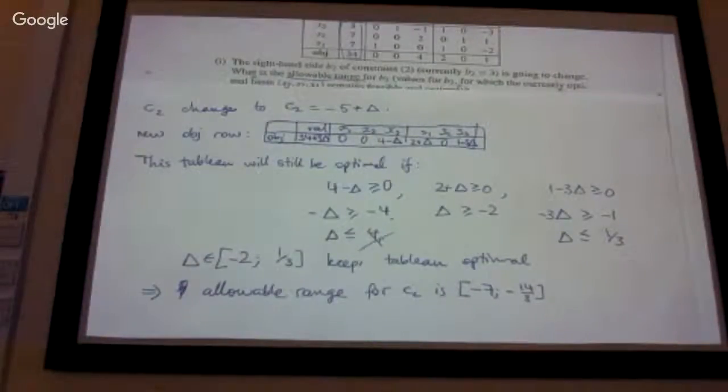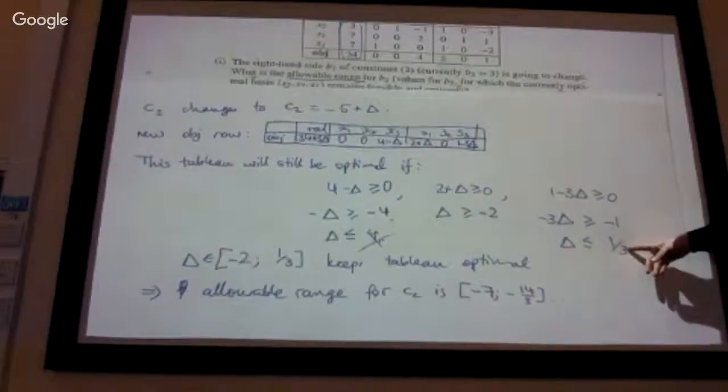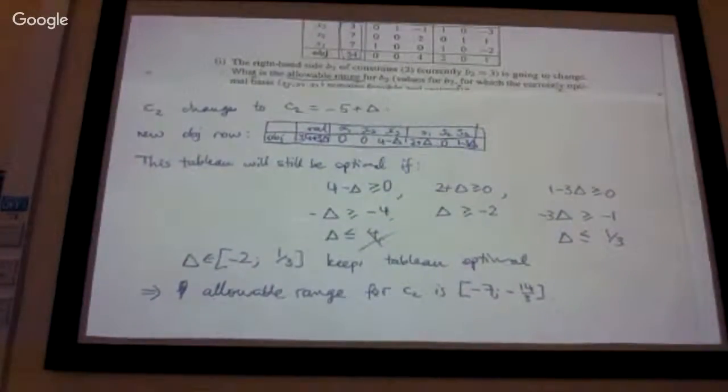Because if delta is no more than 1/3, it's no more than 4. So it doesn't put any extra constraint on delta. It's called redundant.